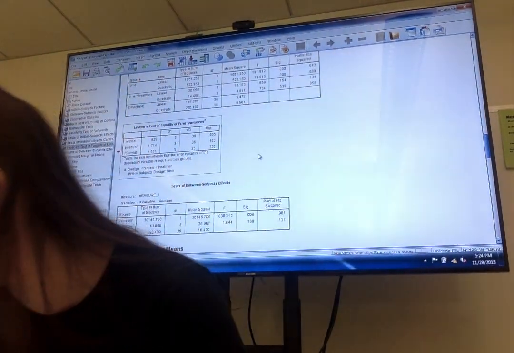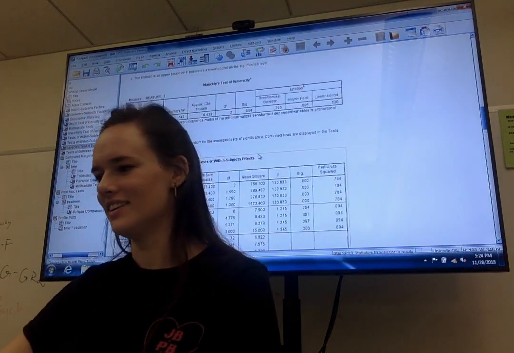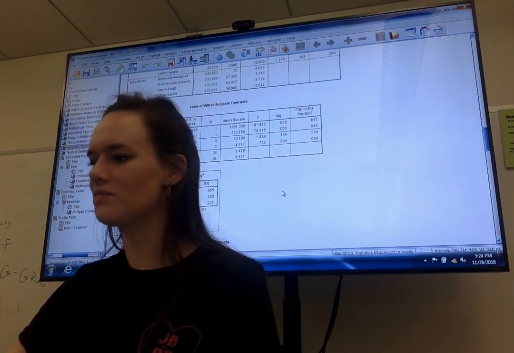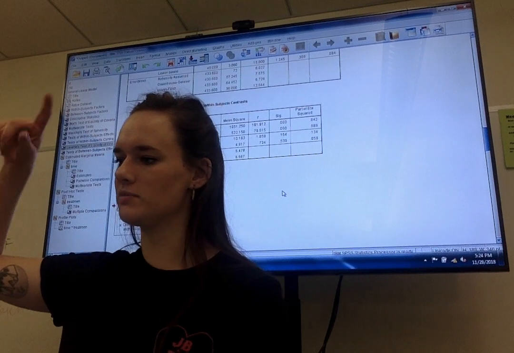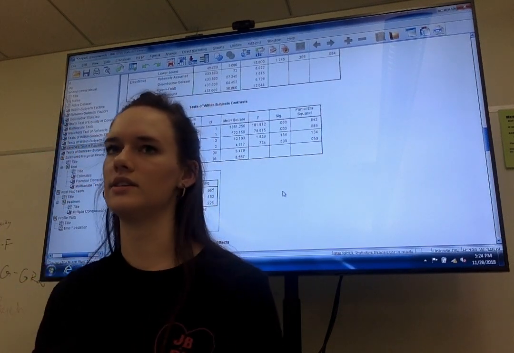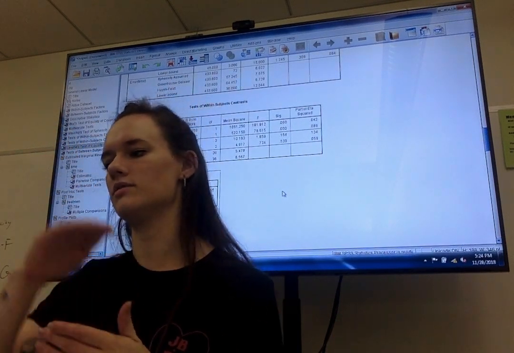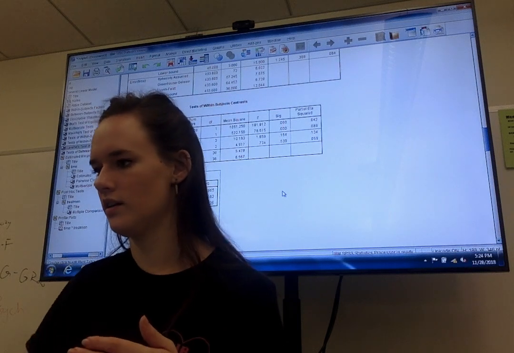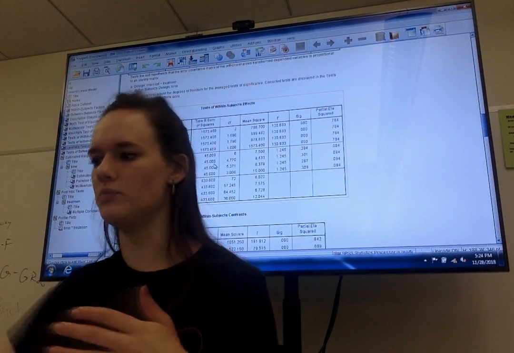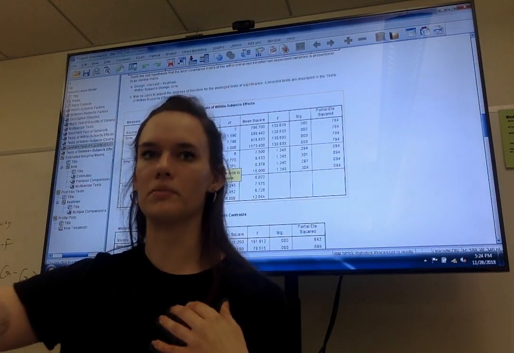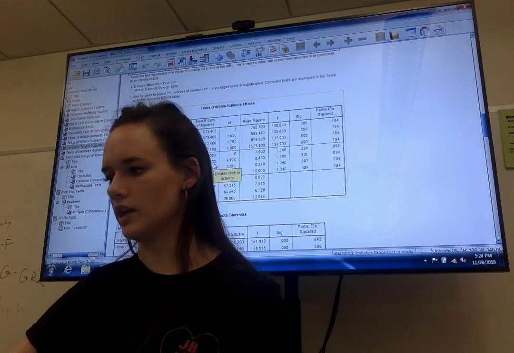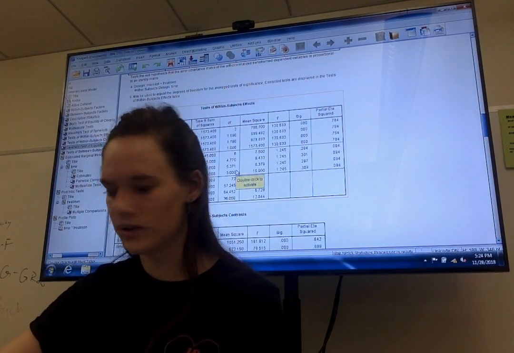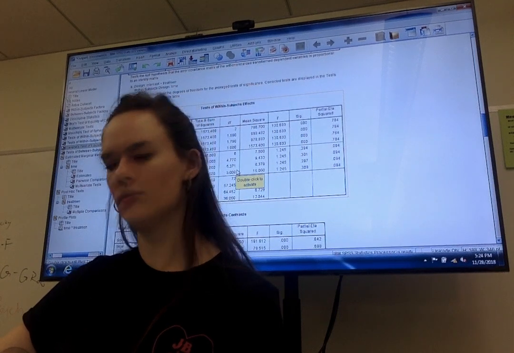So then, to do our interaction effect, we're going to go back up to the within subjects contrast because the within subjects factor is included within that. It would just be included in the within subjects effects. So looking at that, we can also see that that is not significant as well.